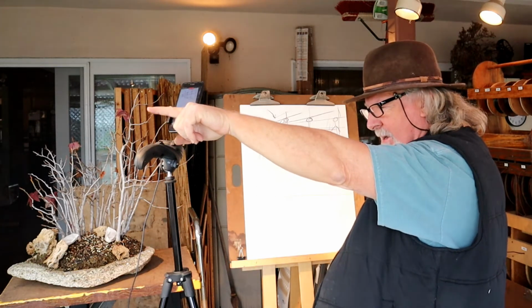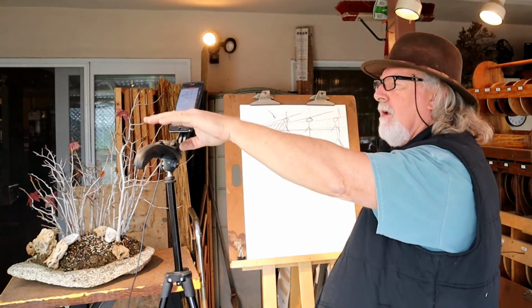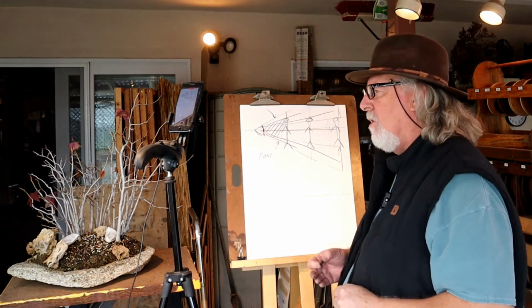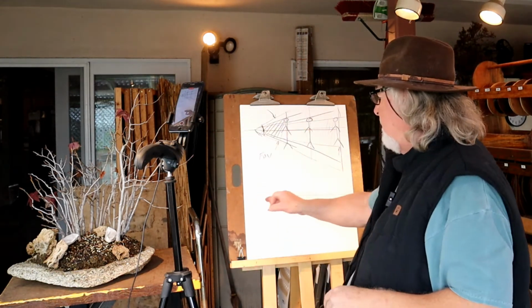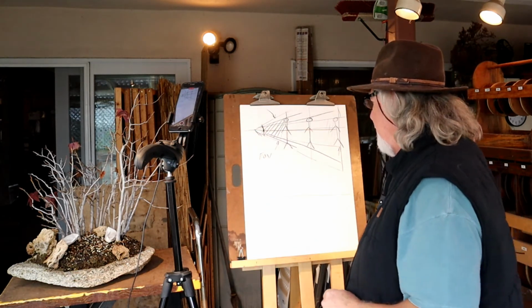If I look down, that horizon line comes up. If I look up, the horizon line comes down. But if I'm just looking straight, and for purposes of this drawing I'm just looking straight, the horizon line is right along my straight field of view.